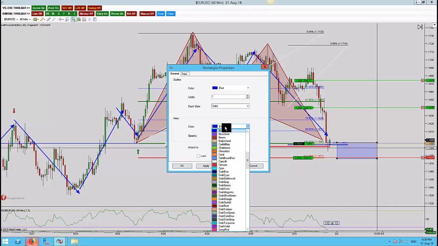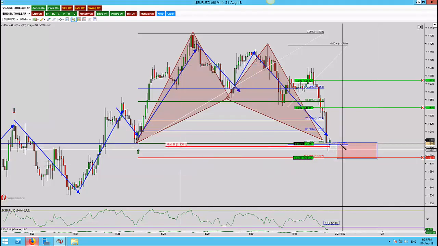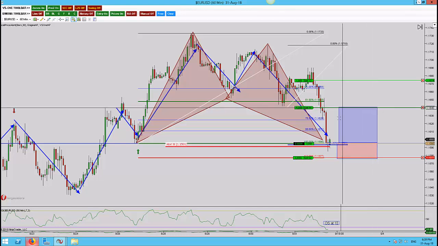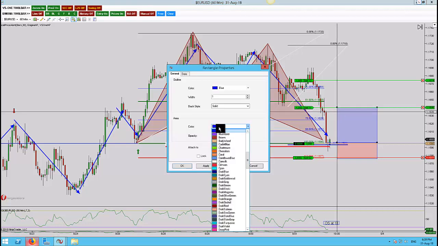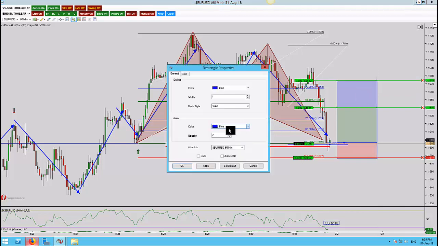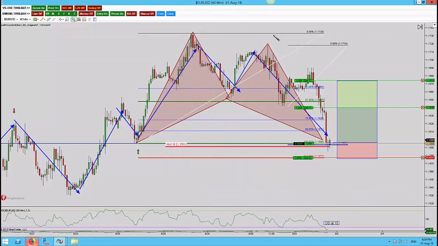We'll make that red for a reward to target ones of this much. I'm going to make that green, and for target twos, if we're able to get up to there, we'll make that one yellow. Okay, so you can see there, very nice risk reward.